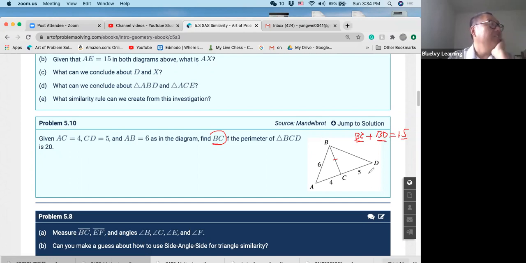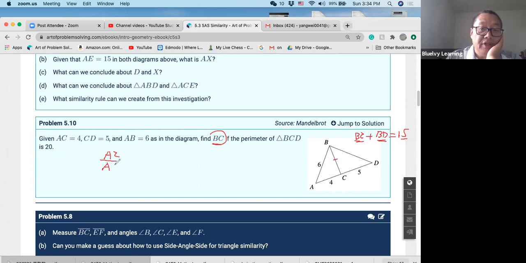See here, to find BD, from this one, we can get AC over AB.